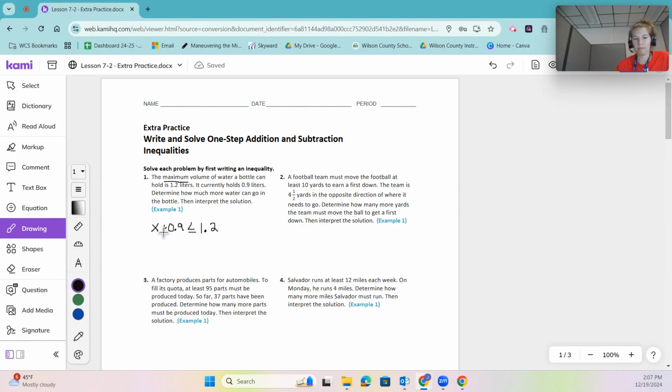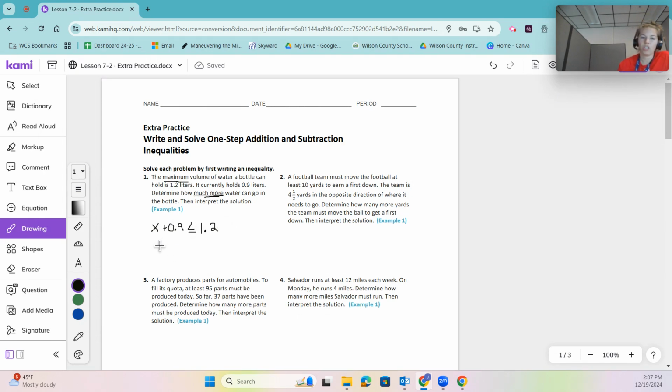So some number plus 0.9 needs to be less than or equal to 1.2 liters. Okay, so this is our inequality based on this situation. If we're figuring out how much more, that's going to be an addition.